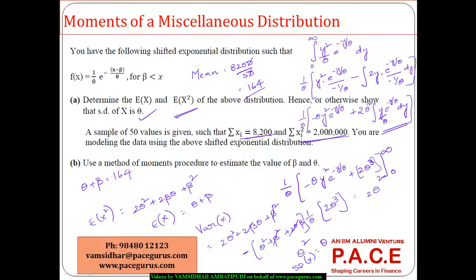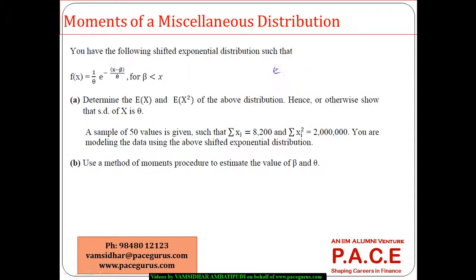So again I can find the expected value of x squared: 2 million divided by 50, which gives me 40,000. So expected value of x squared is 40,000, which is nothing but 2 theta squared plus beta squared plus 2 theta beta equal to 40,000.